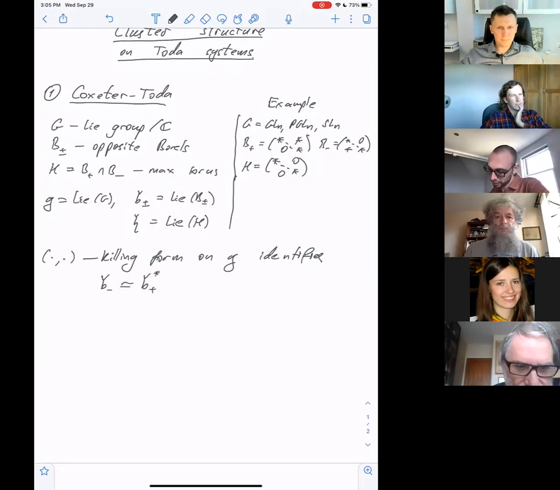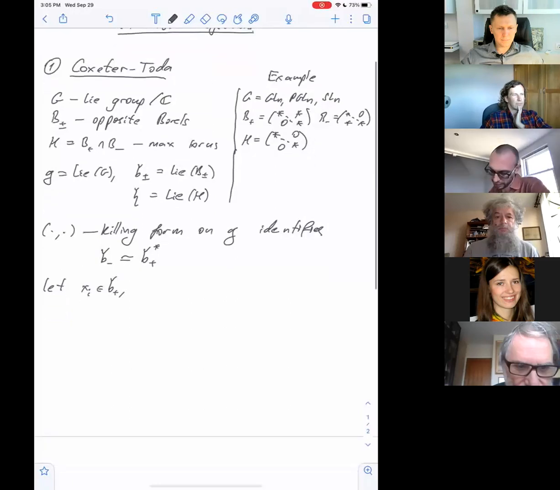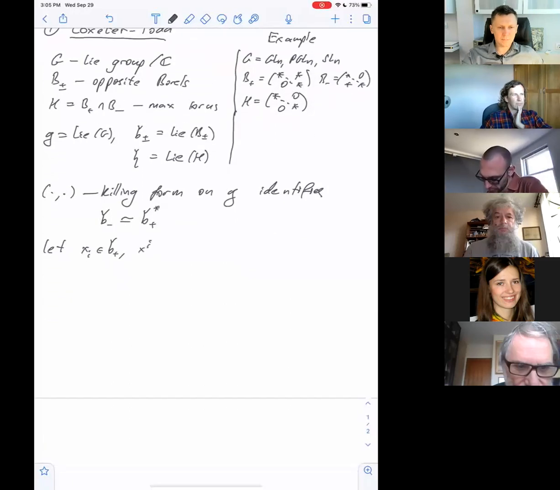Right? And therefore we can choose xi, just some basis in B plus, and xi dual, in B minus, the dual basis.